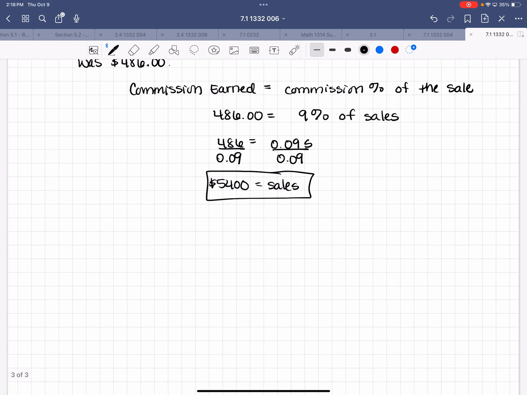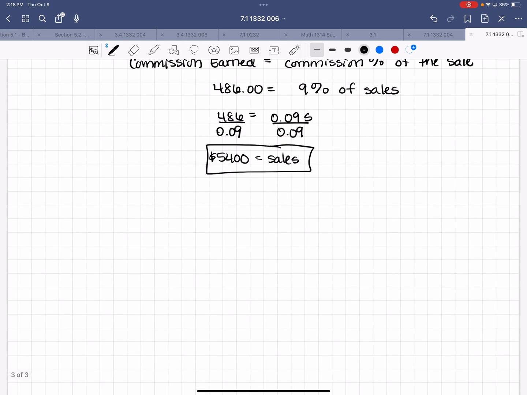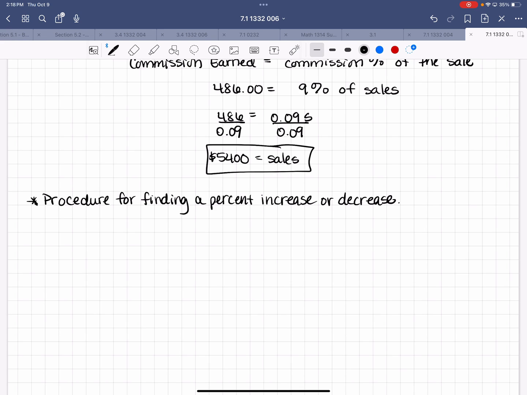Let's talk about the procedure for finding a percent increase or decrease. First thing we want to do is find the amount of the increase or decrease.